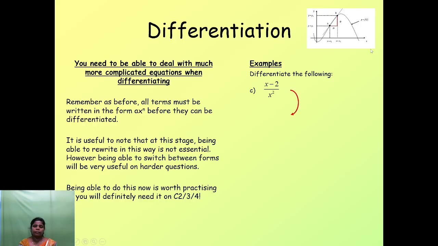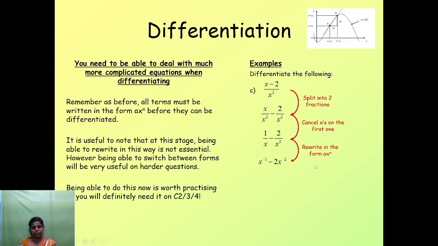Next we differentiate x minus 2 divided by x square. So split into two fractions: x divided by x square minus 2 divided by x square. Then x can cancel, then you get 1 by x minus 2 by x square. The next step, we rewrite the equation. So we get x power minus 1 minus 2 into x power minus 2.